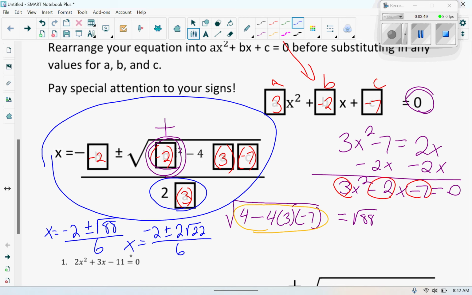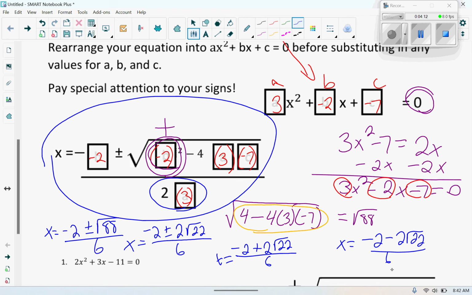If I needed to find an actual value of that, I would type in my calculator 2 equations. I would type in -2 plus 2 square root of 22, and then divide that by 6. And then I would also plug in -2 minus 2 square root of 22 all over 6.